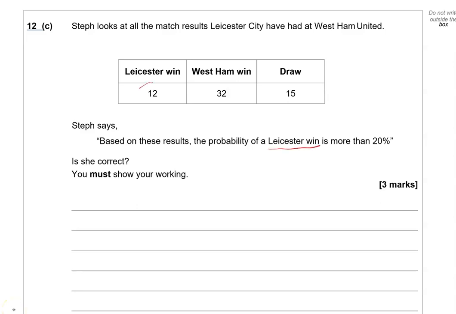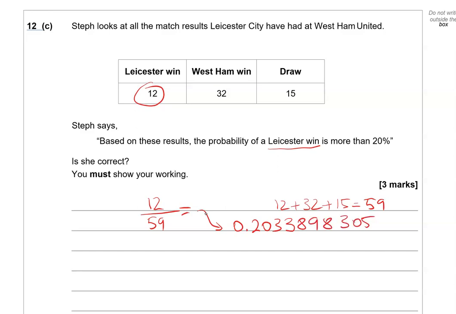So Leicester win, that is 12 out of the total, which is 12 plus 32 plus 15, which is 59. So 12 out of 59, or 12 divided by 59, which gives us 0.203389835, and this is 20.338%, which is like multiplying this by 100.